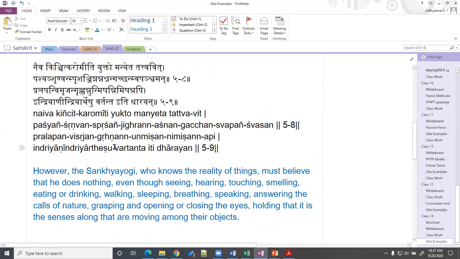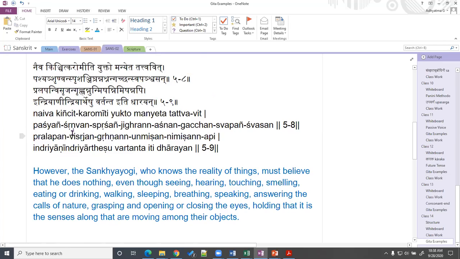Now this is a very interesting verse regarding this participle. If you don't have the knowledge of this participle, you cannot understand this verse. You see this whole sentence, it is just one word. So is this. It looks like a pretty intimidating sentence, how to make sense of it.